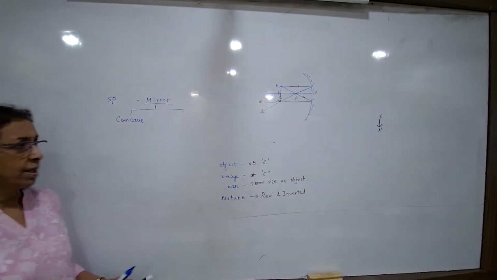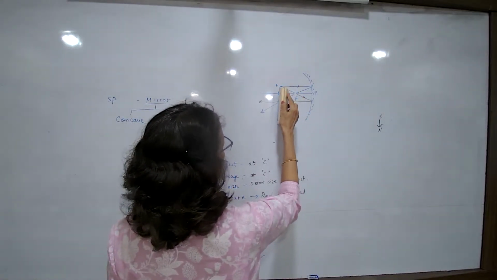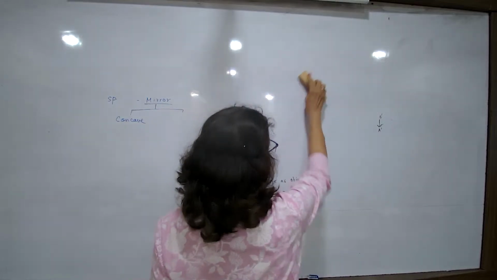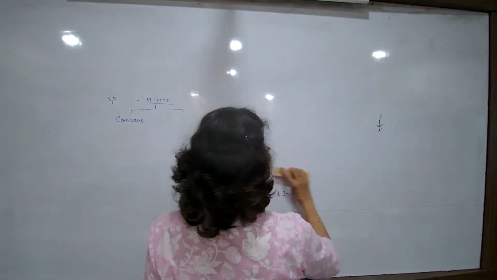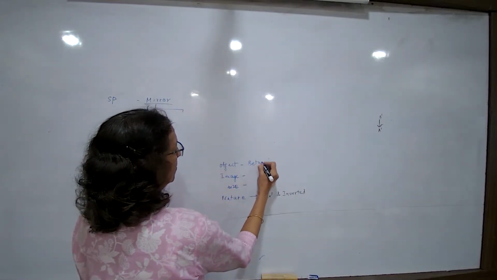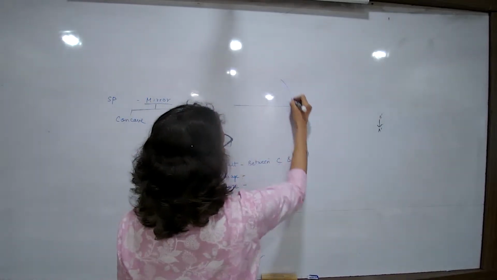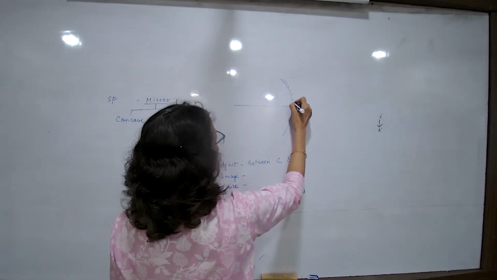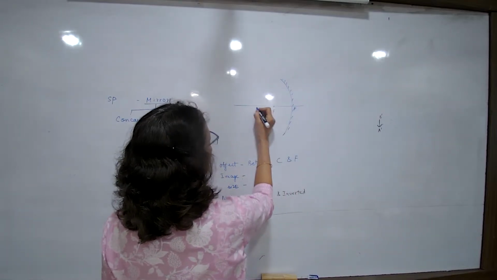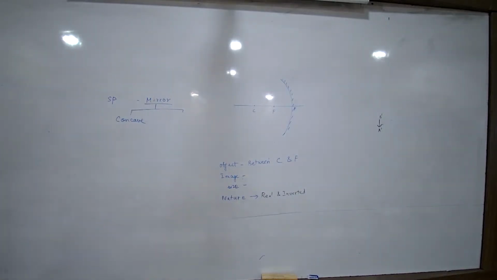Okay. Now, we are going to rub it out and get the object closer so that it is between C and F. Object will be between C and F. Even when you are drawing the diagram, if you draw it very small, you will not be able to get it accurately.